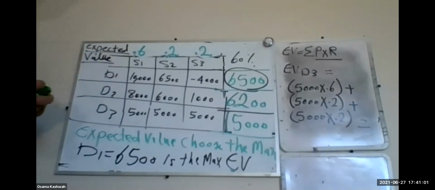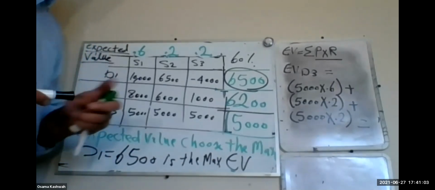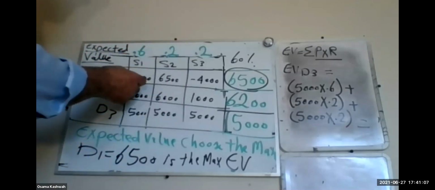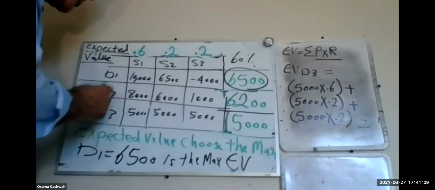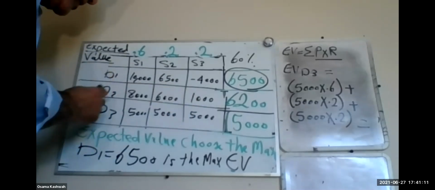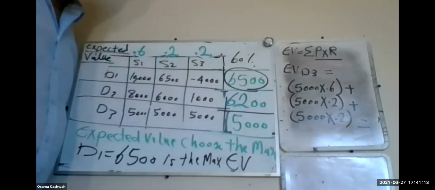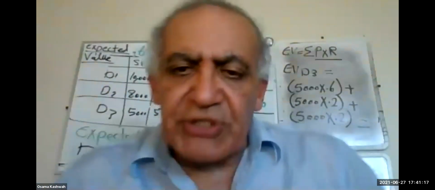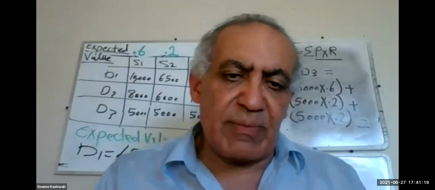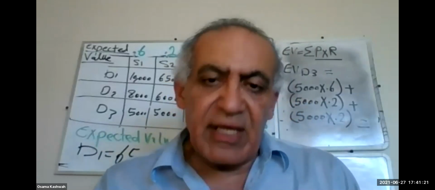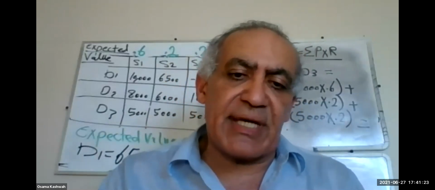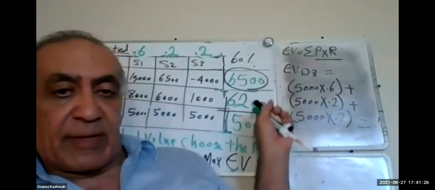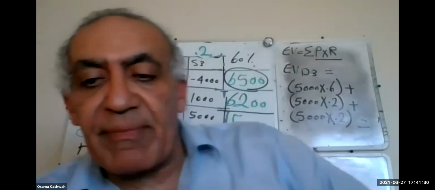Don't forget, we multiply the probabilities, which are in green here, by the revenues of each decision or alternative, D1, D2, D3, the way I showed you. Then you will choose the highest number. The second step is that you will choose the maximum of the column which you made.